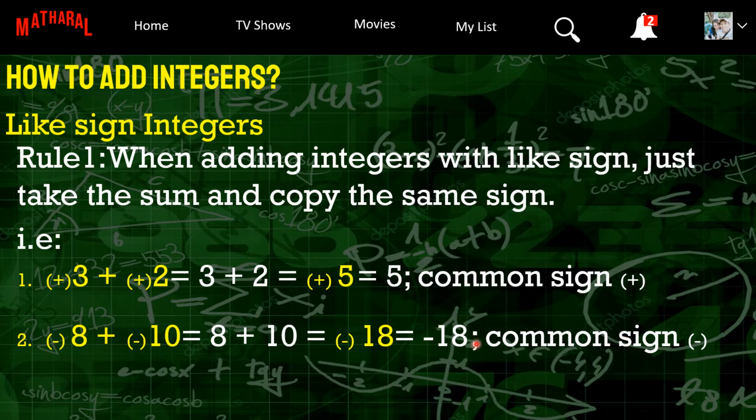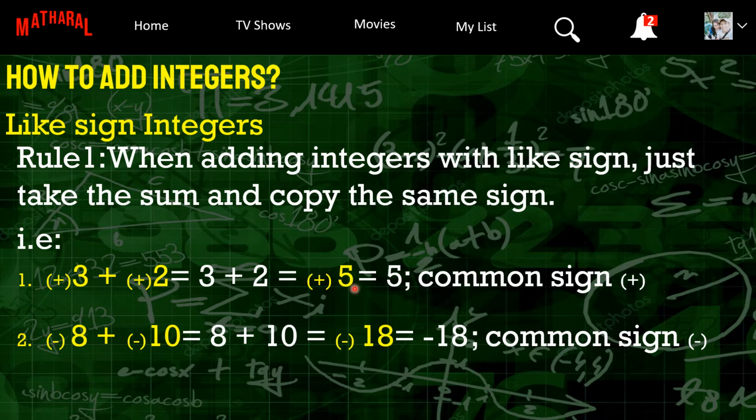So unlike the positive integer, negative 18 cannot be rewritten as 18. A positive integer is a positive integer and a negative integer is a negative integer. Hindi mo siya pwedeng tanggalan ng negative sign.